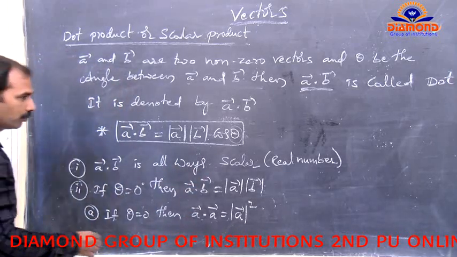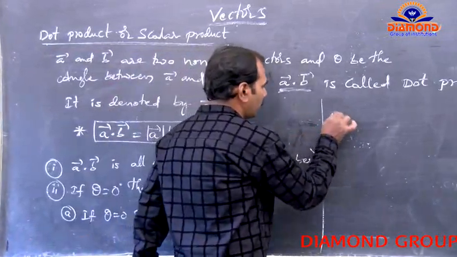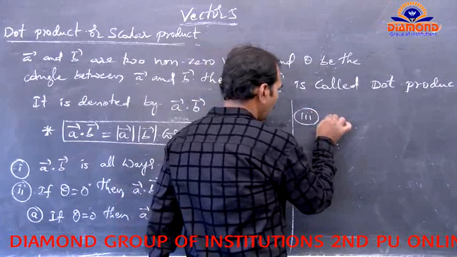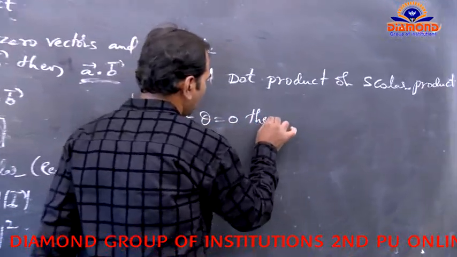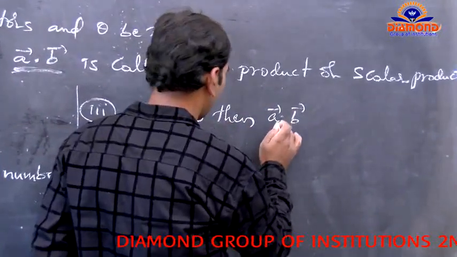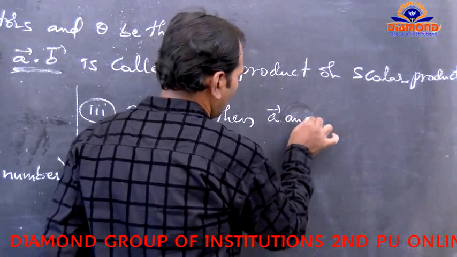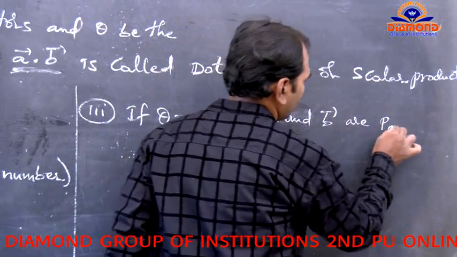Third condition: if theta equals 0, then A vector and B vector are parallel.